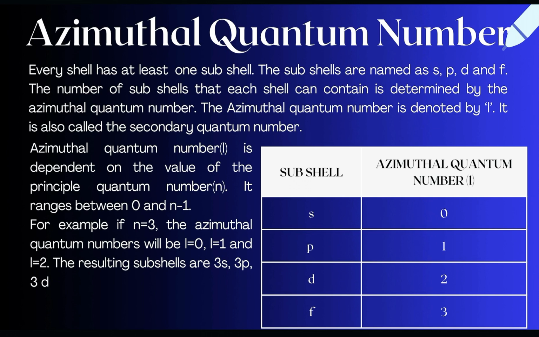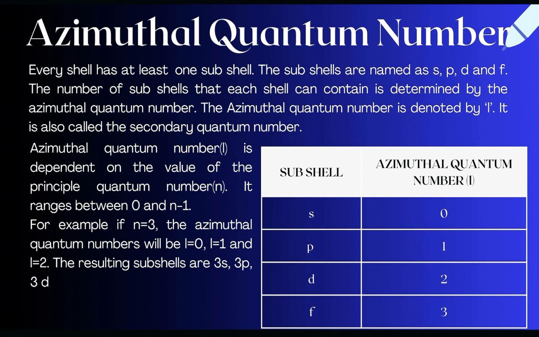So like the shells, subshells are also named as S, P, D and F. And they also carry their own quantum number that is called the azimuthal quantum number. You can see in the table for subshell S, the azimuthal quantum number is 0, and for subshell P, the azimuthal quantum number is 1, and for D and F so on.